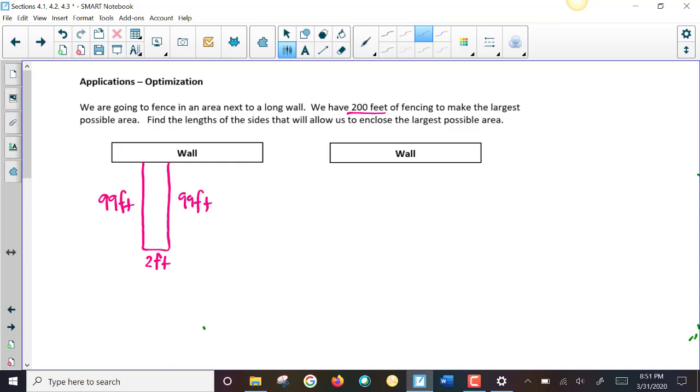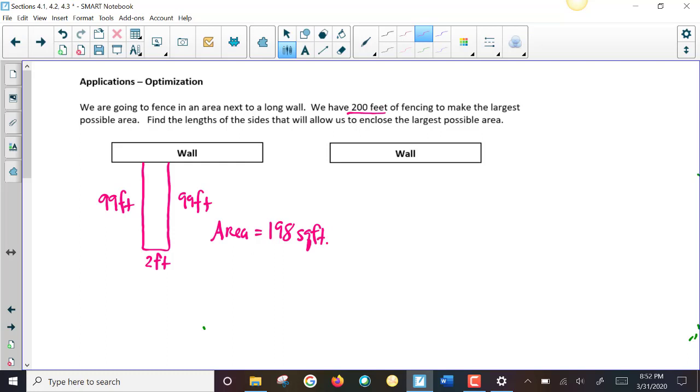Interesting configuration. Probably not the best to optimize area, but let's write down, what is the area going to be? Remember, area is length times width, so 2 times 99 is 198 square feet.